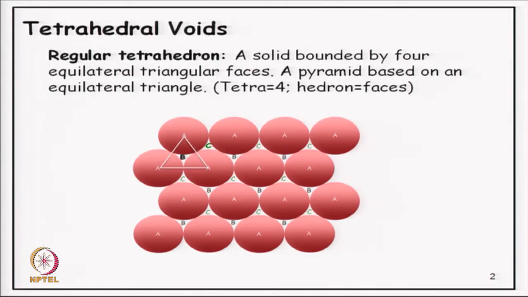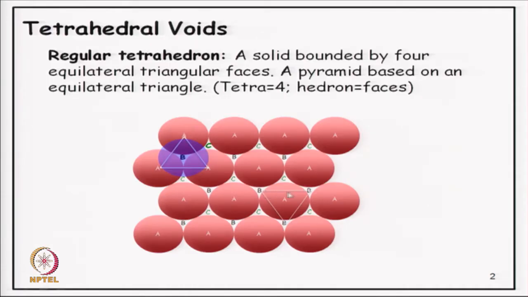On this triangle of 3 A atoms, we locate a B atom at its centroid. So, this B atom is sitting on these 3 A atoms, touching each of them. The centroids of these 4 spheres form a regular tetrahedron.